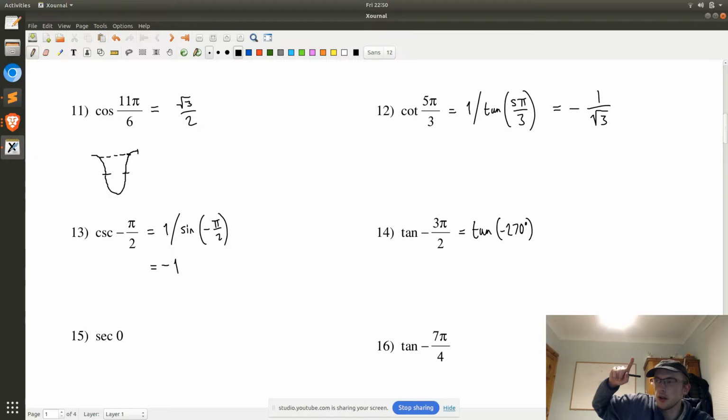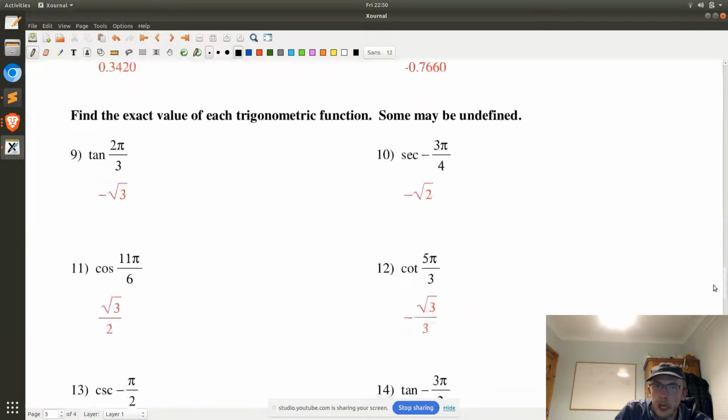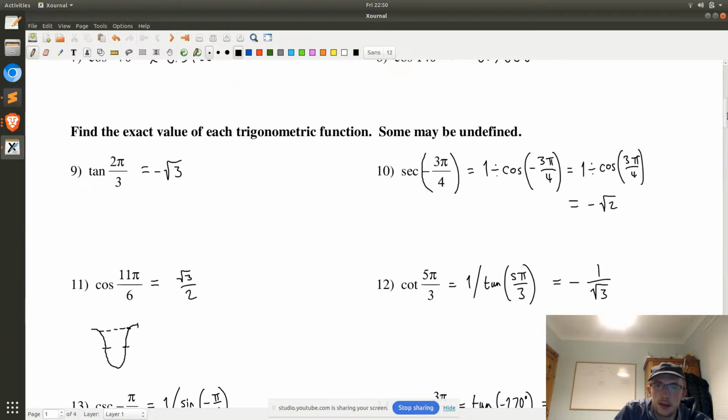But wait a minute, they're asking us to go to the negative direction. Uh-oh. Okay, fine. So goes down to negative infinity at negative 90, comes up from positive infinity, climbs, goes down to 0 at negative 180, and down to negative infinity at negative 270. So we say undefined, but we really know that it tends towards negative infinity. Let's check. Yay, did it. Okay.